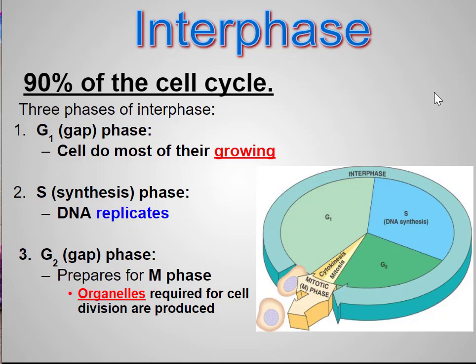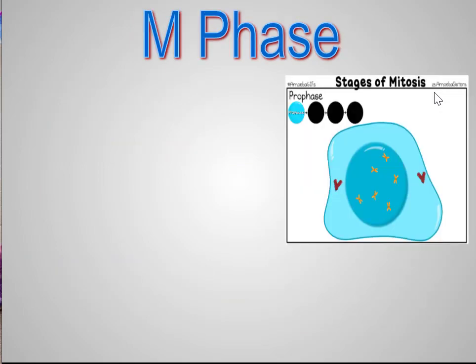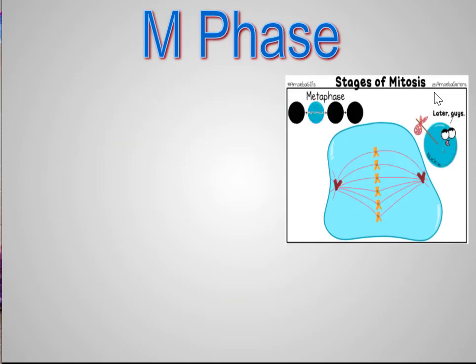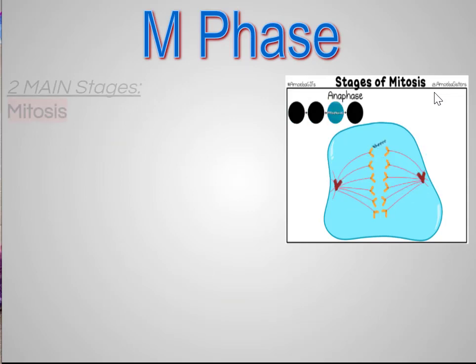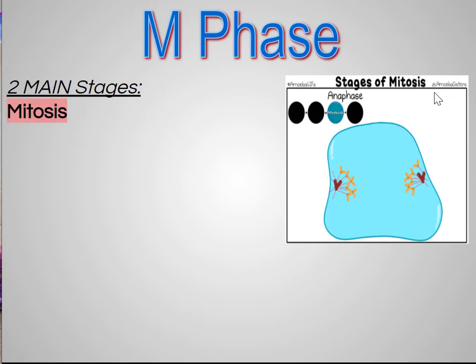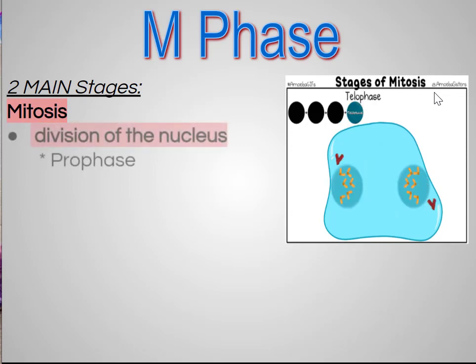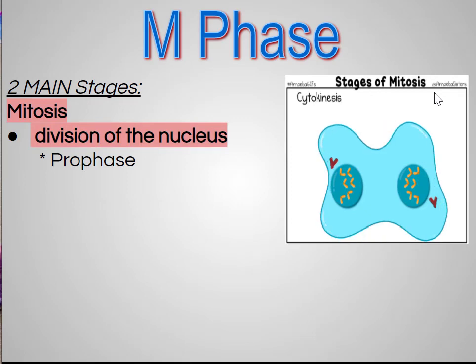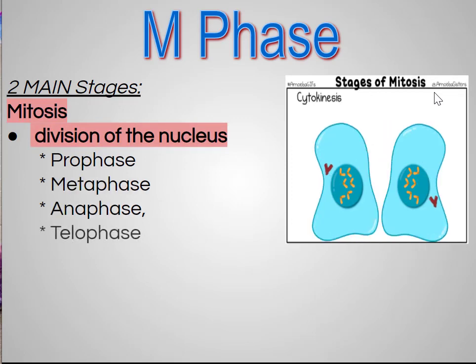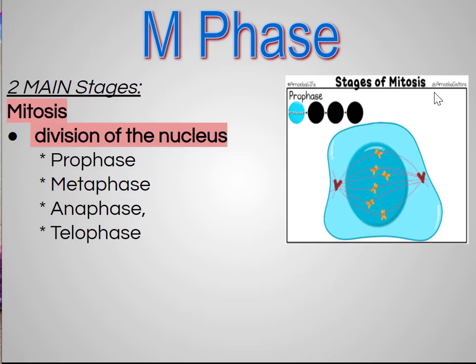After all of these phases in interphase, then we can move on to M phase, which is the stages of mitosis. All right? Now, in M phase, we have two main stages, mitosis, and mitosis means it is the division of the nucleus. And there are 4 phases in mitosis.